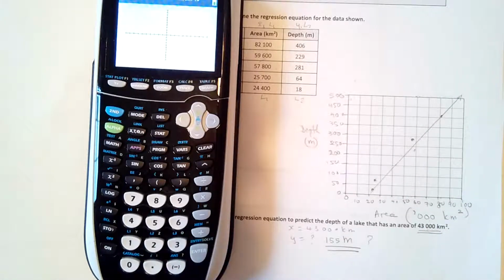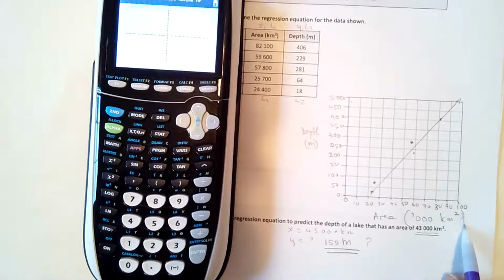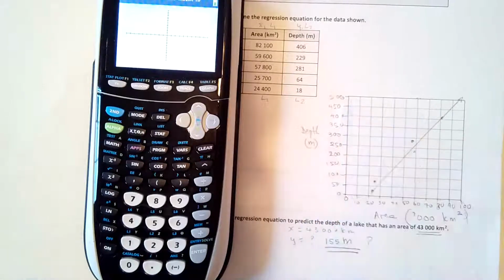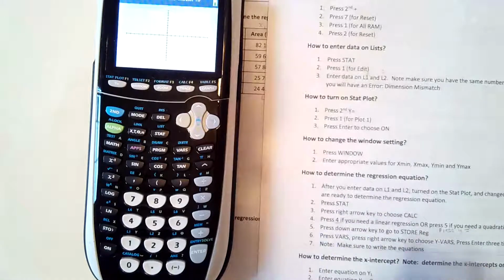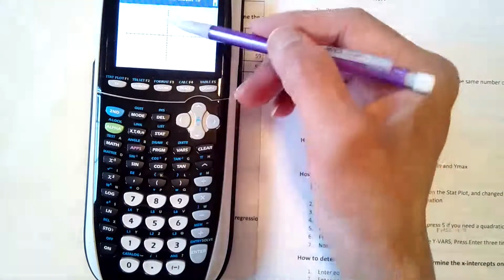So we need to set our window with the x-axis going all the way to 100,000 and the y-axis up to 500.